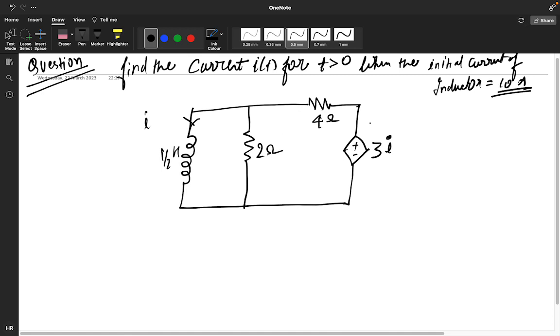This is 2, this is 4, this is 3i. So, go for a solution.